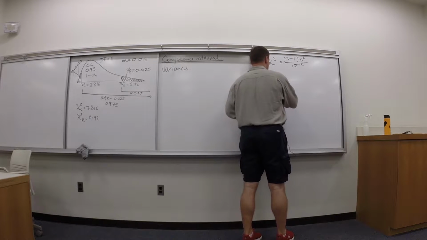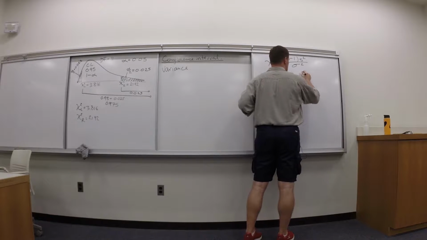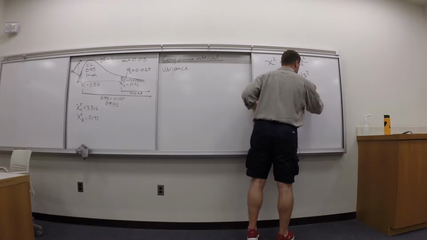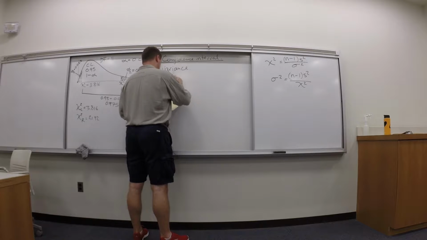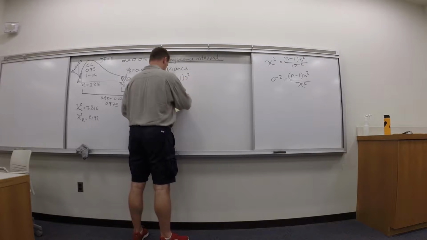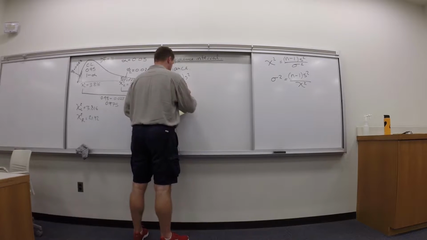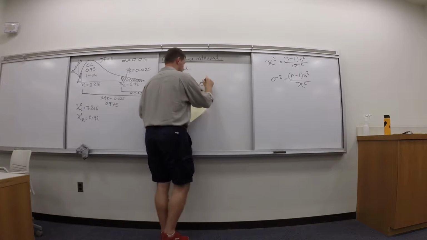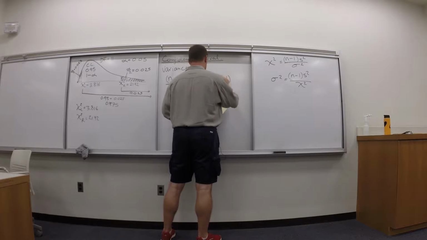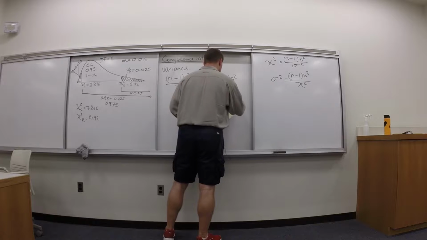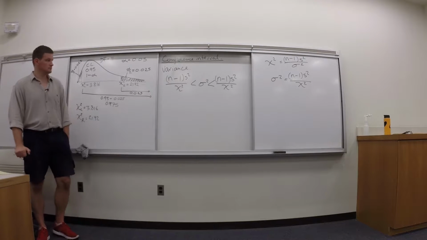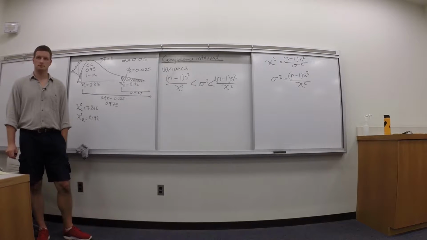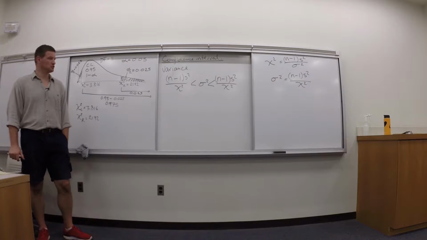If we get sigma out of this, we get n minus 1 s squared over chi squared. Those two look very similar, aren't they?